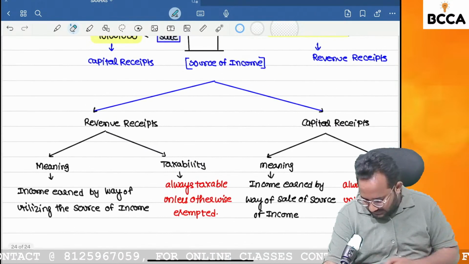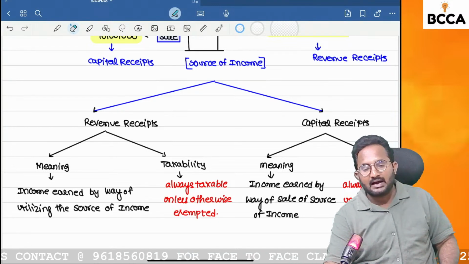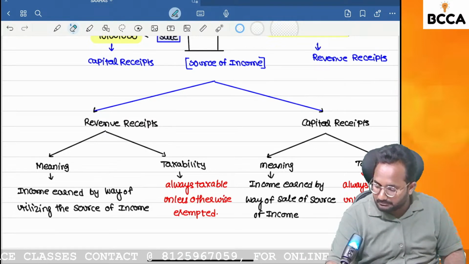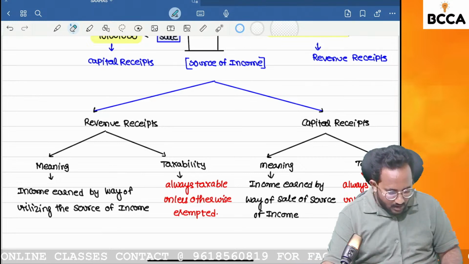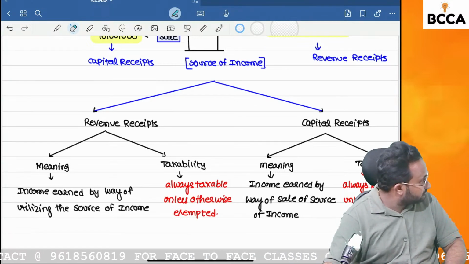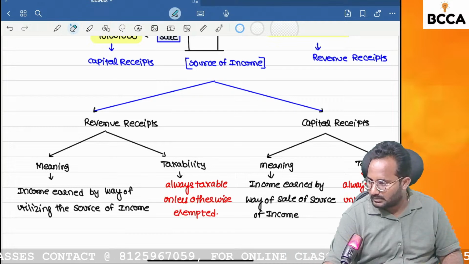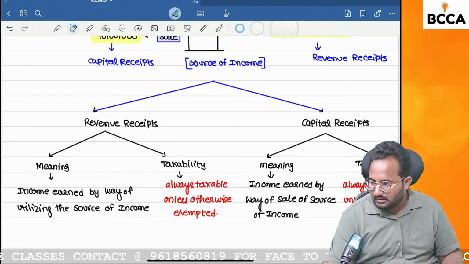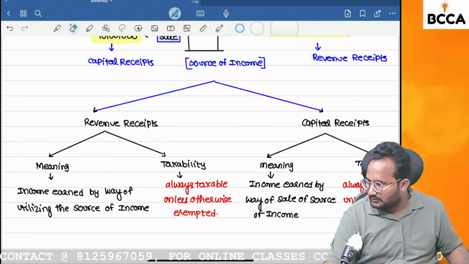If it is over, then we will start the last concept of this chapter. What is that concept? Marginal relief. So Parvati, Nagarajan, Silpa, Kartikeyan, Lakshmi Prasanna, Arun, Madhumita, please give me a reply.